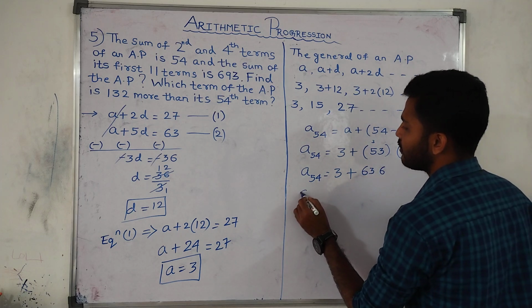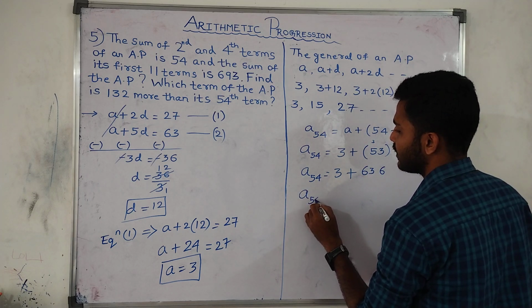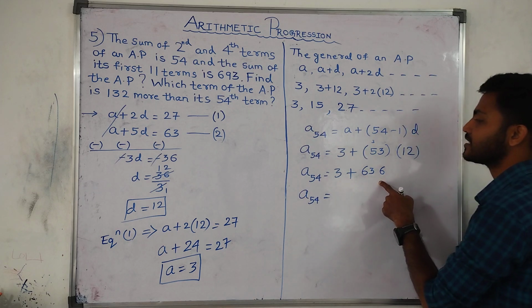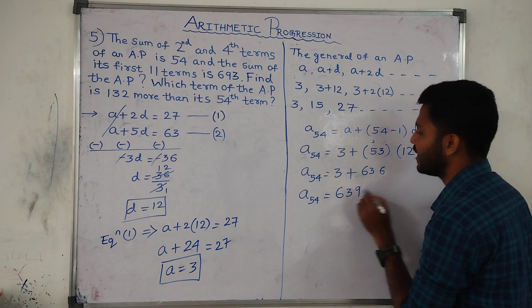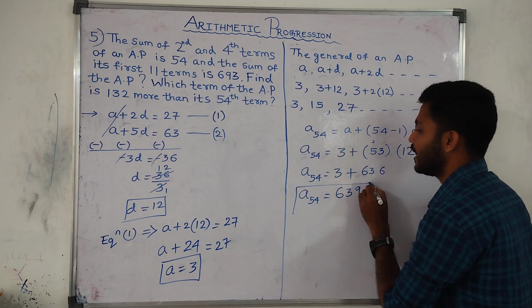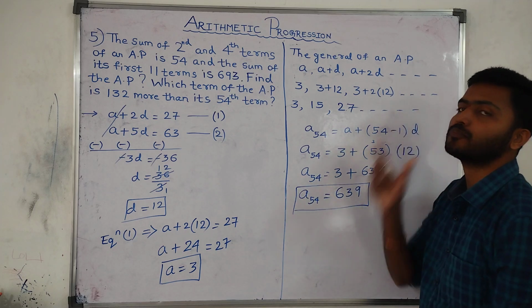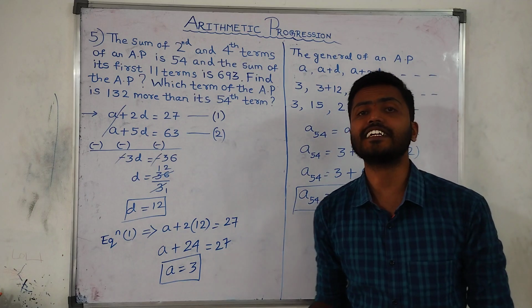So A54 is 636 plus 3, it's going to be 639.